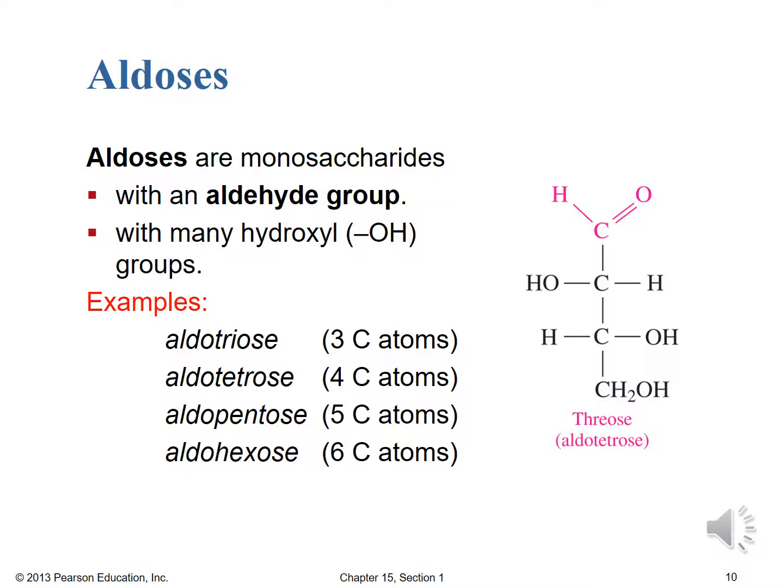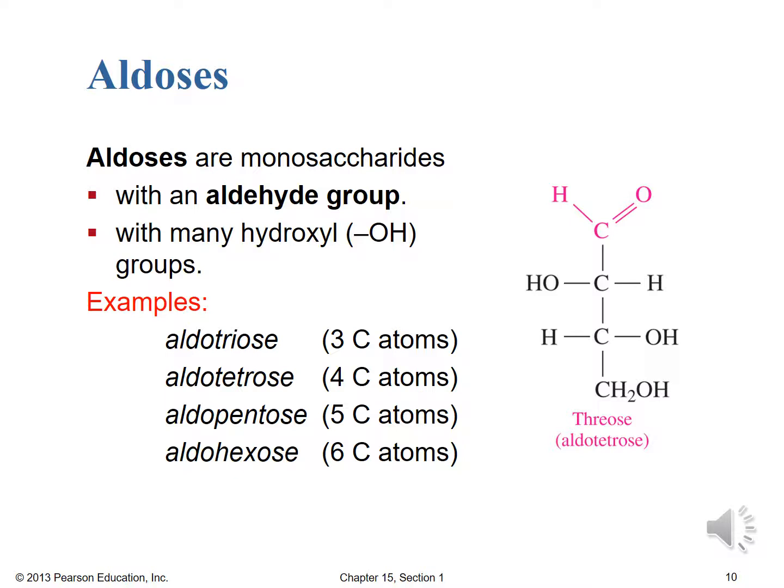So as we saw with erythrose, we can have aldoses, which are monosaccharides that have the aldehyde functional group, and then many hydroxyl groups. Depending on how many carbon atoms, you'll have a certain number of hydroxyl groups possible. So we can have an aldotriose, however you want to pronounce that one, which would be 3 carbon atoms with the aldehyde functional group. You can have an aldotetrose, like we see there in threose on the right-hand side of the slide.